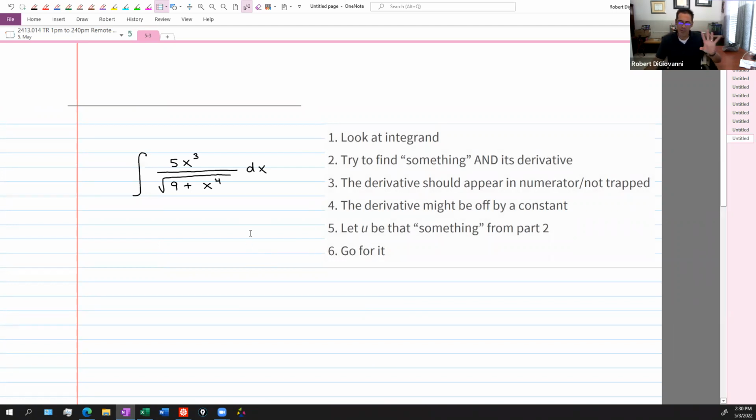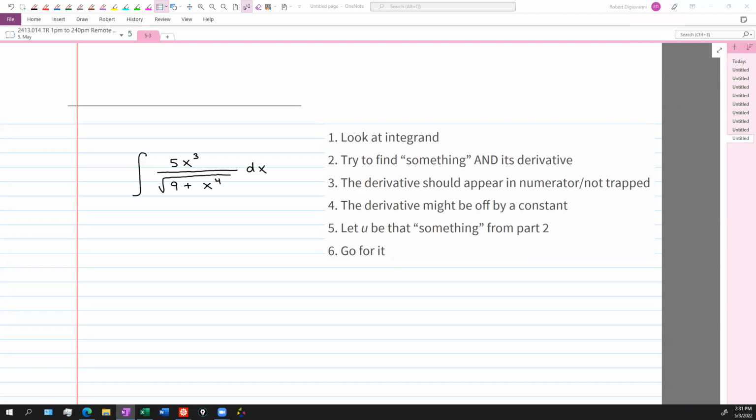It's okay if it's off by a constant. Take a minute. And then let me know on the poll if you think you know what the u should be here. And actually, if you think you know, you could type in the chat what you think it should be, if you want to, you don't have to. I'd just be curious to see what people do.